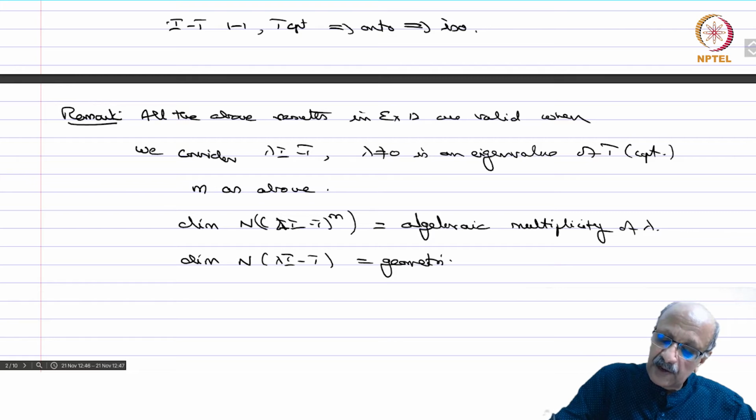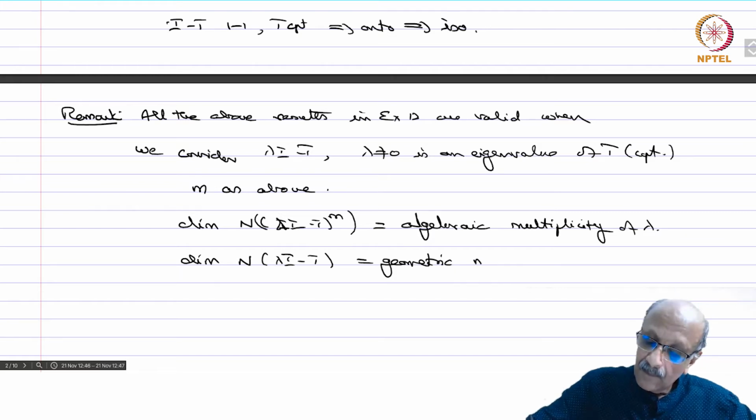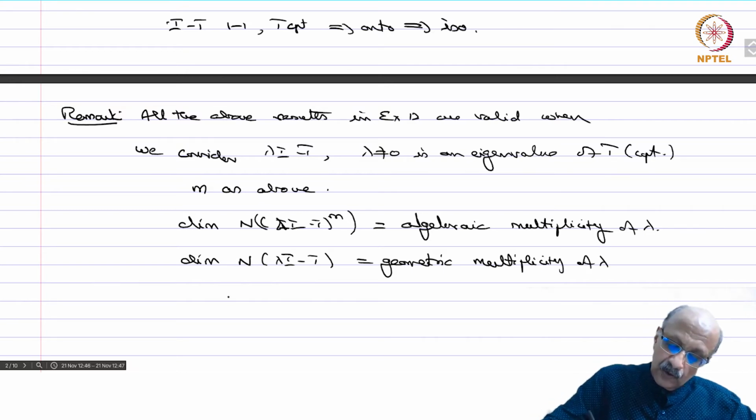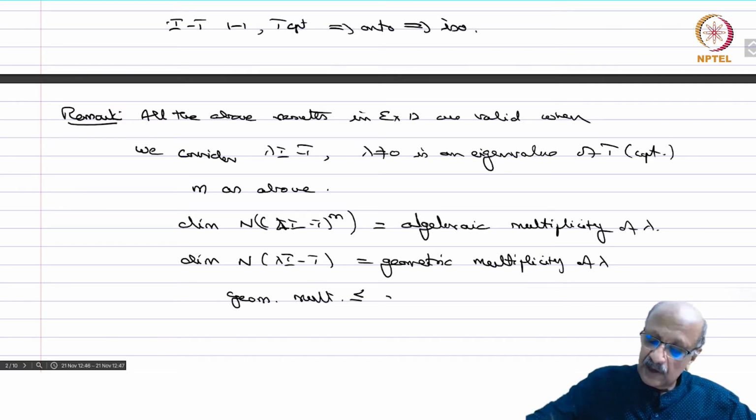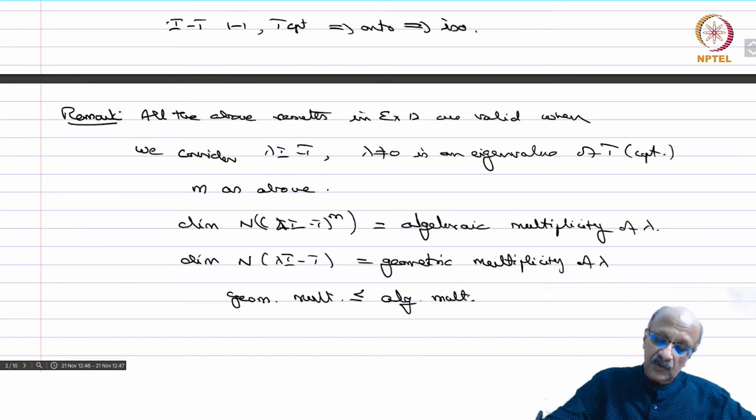It's the number of independent eigenvectors. So you have that geometric multiplicity is always less than or equal to the algebraic multiplicity, because it's an increasing space, and therefore the dimension is always larger.